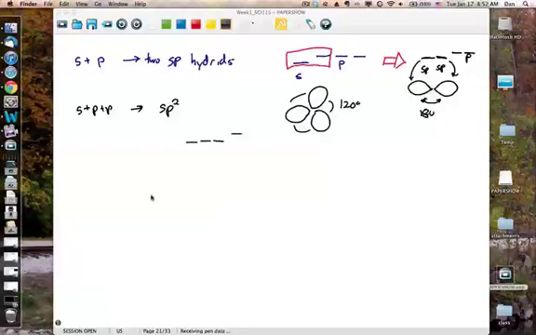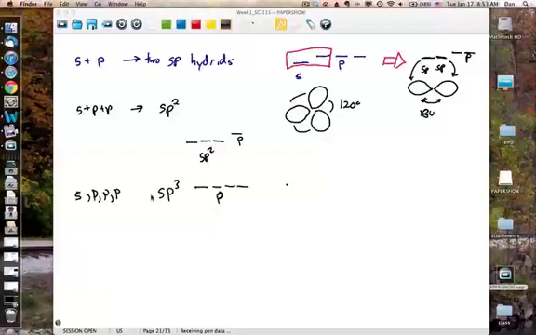Electronically, these would look sort of like this, where we have the p orbital and our sp2 orbitals, the three of them. And then we also have the one where we combine the s and a bunch of p's to generate the sp3 orbitals, which would take these four.